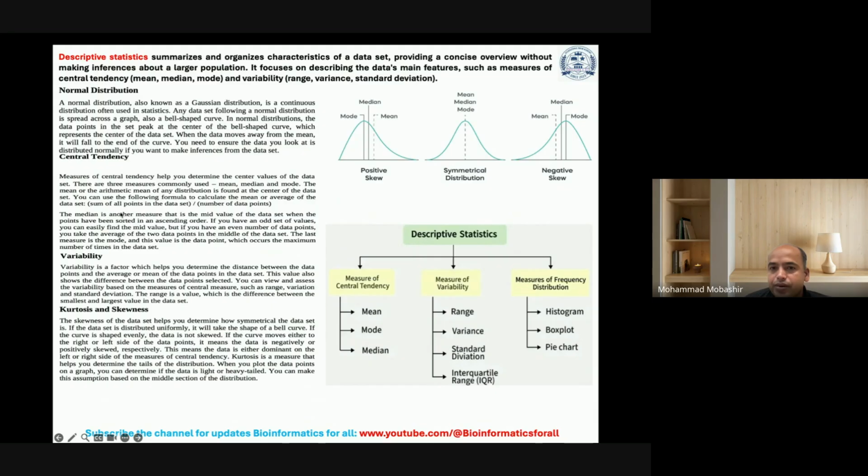Now, variability. So what is variability? Descriptive statistics like histogram, box plot, pie chart, range, variance, standard deviation, quartile, the mean, median. These are such simple statistics that anyone can do them.